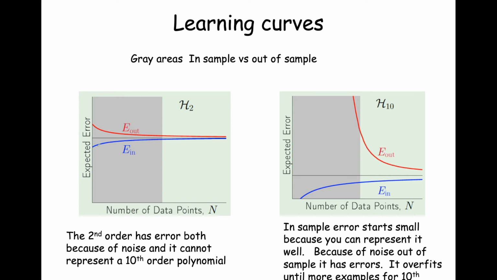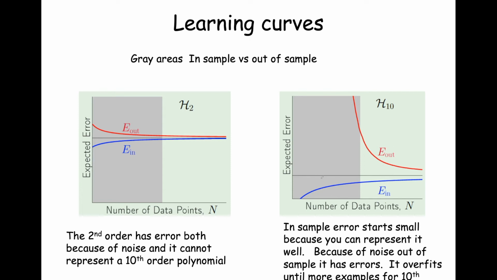So in-sample error is going to be larger, hence this gray area for En is going to be much larger. And we can see, of course, as we increase the number of data points, out-of-sample error is going to approach in-sample error. And then if you have enough, it does okay. Here we have both noise as well as this degree 2 hypothesis set H2 not being able to keep up with that degree 10 polynomial.